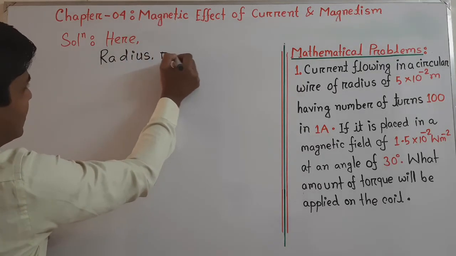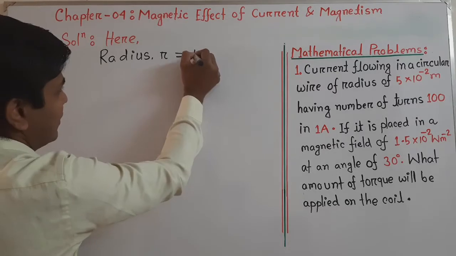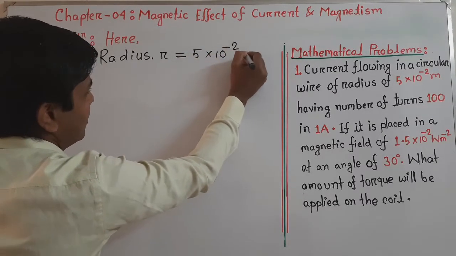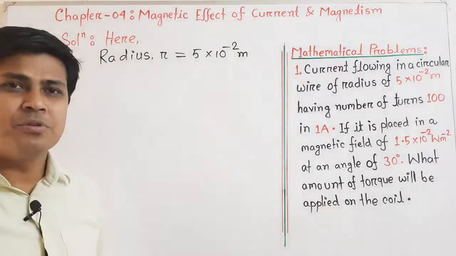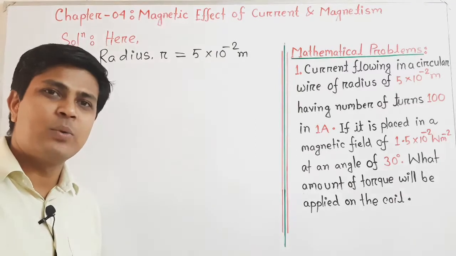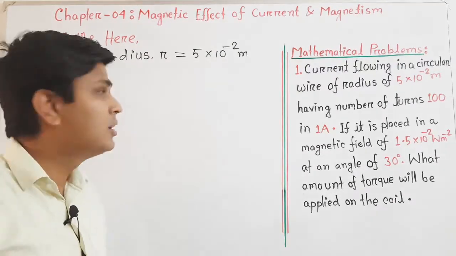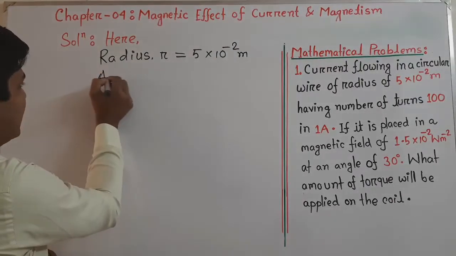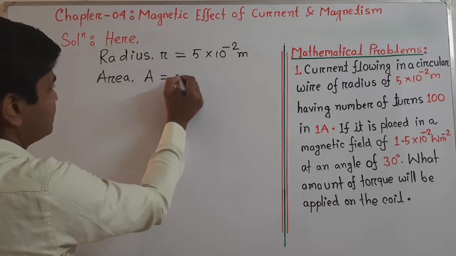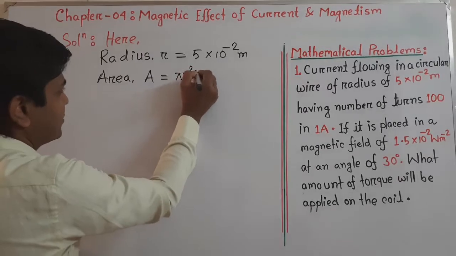Radius r is given here as 5 into 10 to the power minus 2 meter, and we have to calculate the area. We know the formula of area of a circular wire is pi r square. So we can write area A equals pi r square.